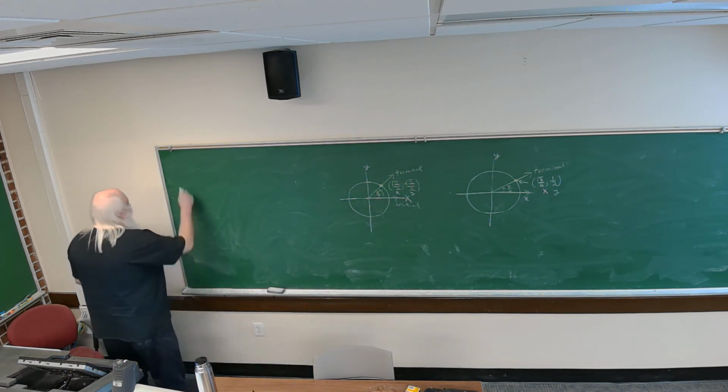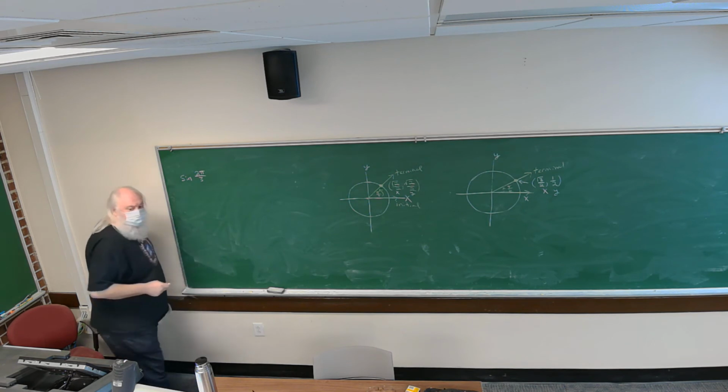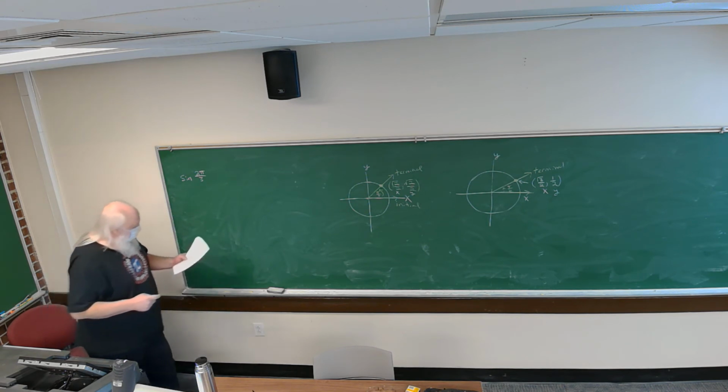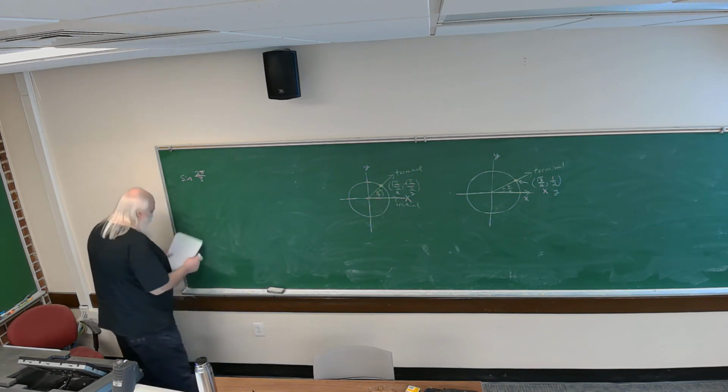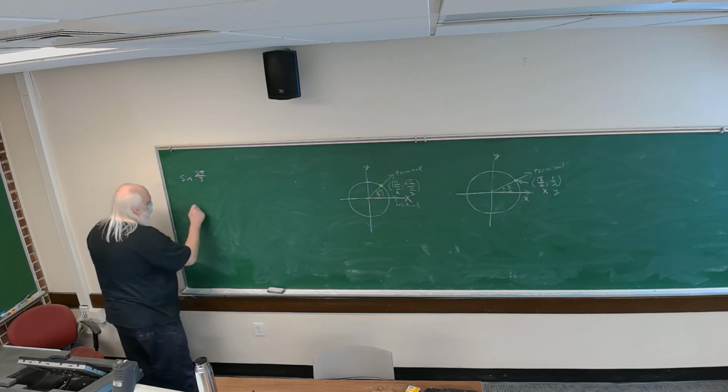So we have to find the exact value of the sine of the angle 2 pi over 3 radians, okay? On the far right hand side of the handout, I drew a little picture.